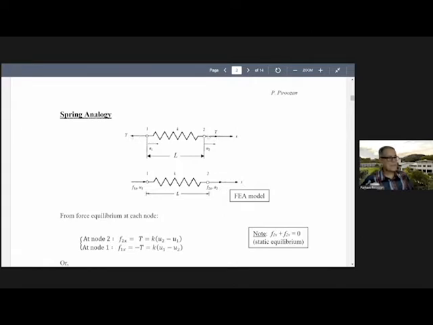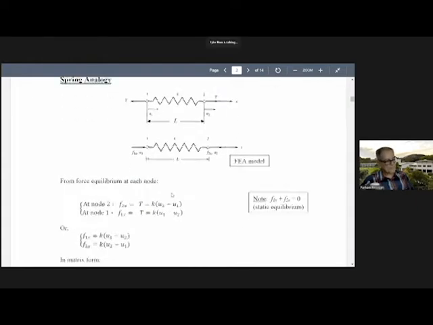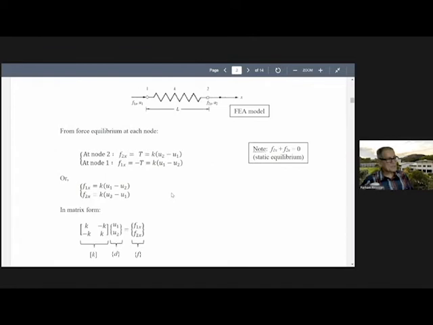In solid mechanics, we use this notation, that this T is to the right and this T is to the left. This is our notation in finite element methods, that everything to the right is positive. So with this, our F1x here to the right is equal to negative of this T at node 1. Okay. All right, any other questions?